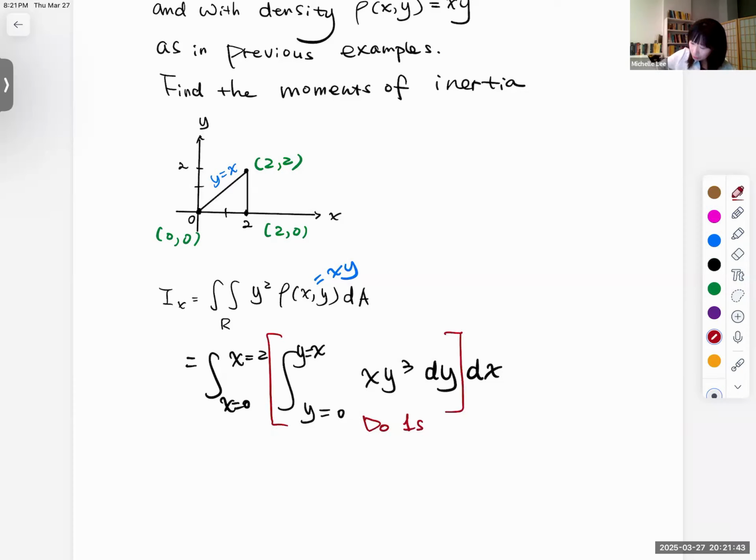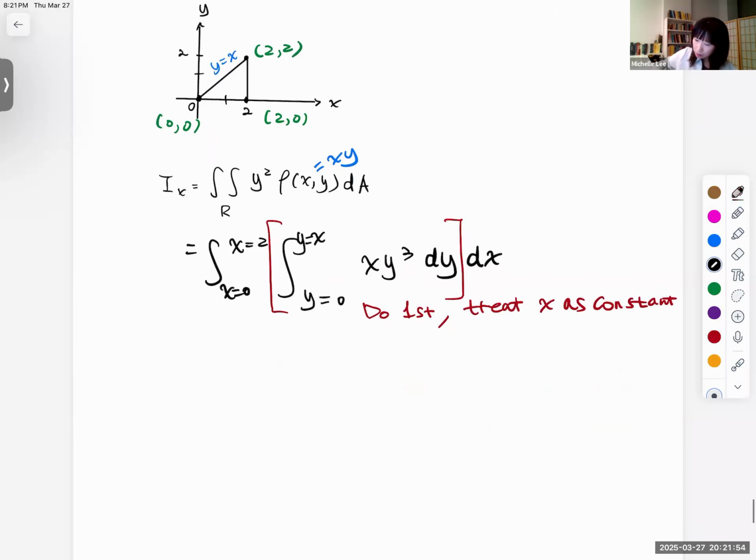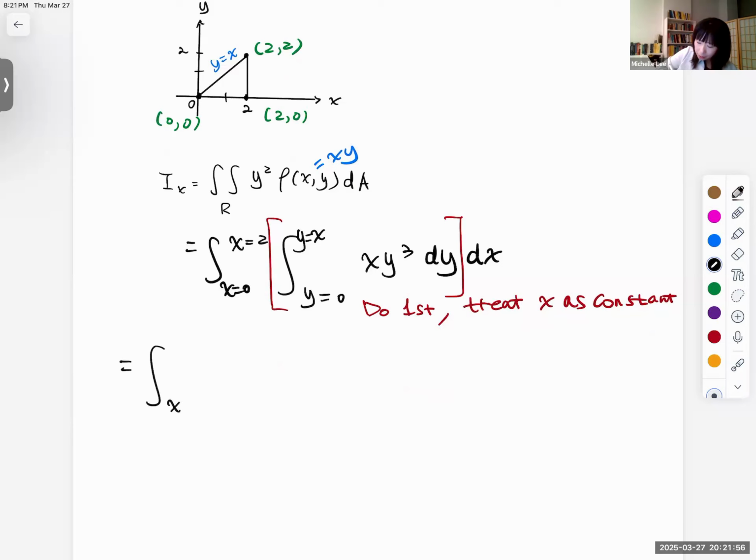Now we integrate with respect to y first, so treat x as constant. So we have x equals 0 to 2. X is constant, y to the fourth power over 4, and then we evaluate from 0 to x, dx.